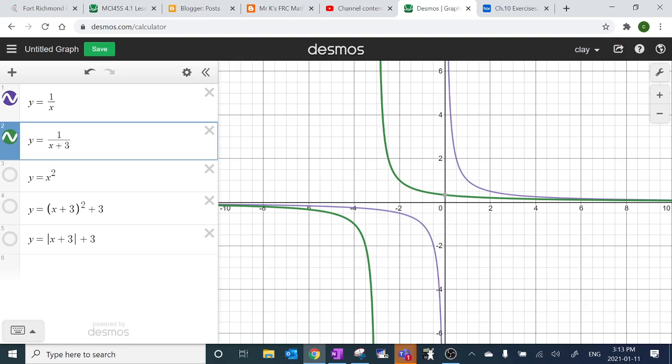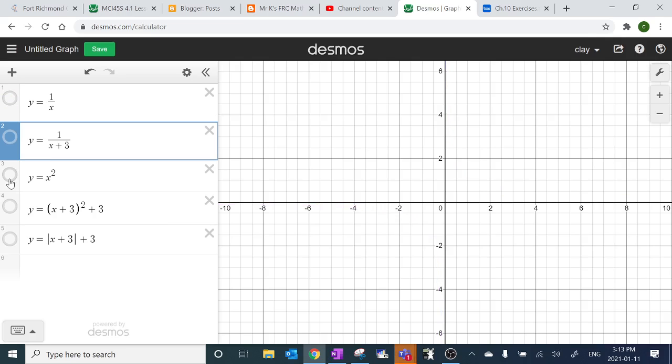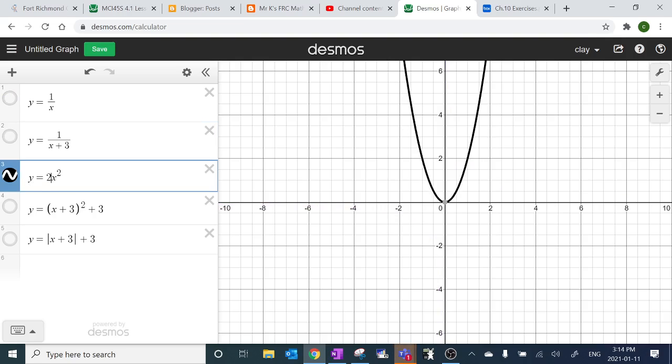Now, let's do one more little thing to kind of check things out here. Do you remember what putting a 2 here does? Makes it skinnier, and 3, and 4, and 5, and so on up to 9. Super skinny parabolas. And notice that's exactly what happens to my absolute values too.